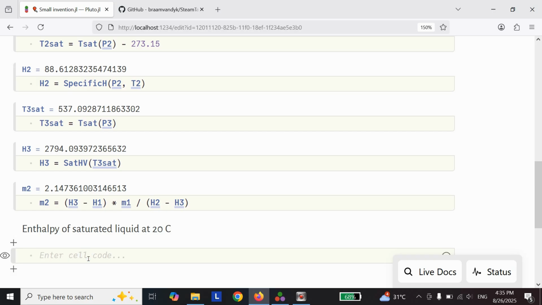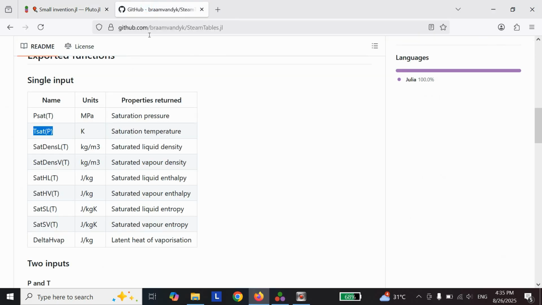Okay. So if I use the enthalpy of saturated liquid at 20 degrees Celsius instead of the enthalpy of subcooled liquid, I can find enthalpy H2 saturated liquid at 20 degrees Celsius. Let me call this variable by its lengthy name. Then this is liquid, so if I go back to this website, it's saturated liquid.